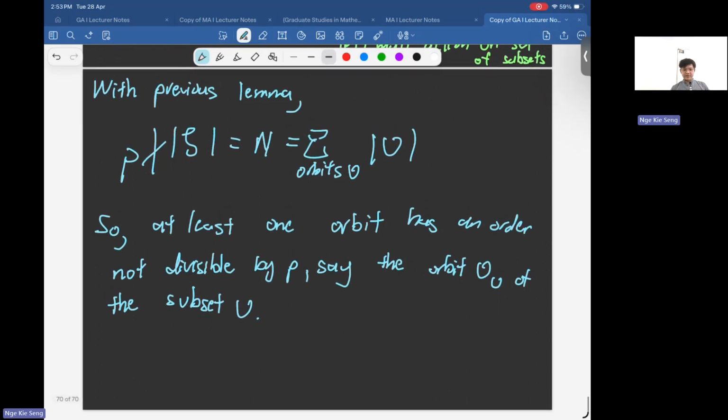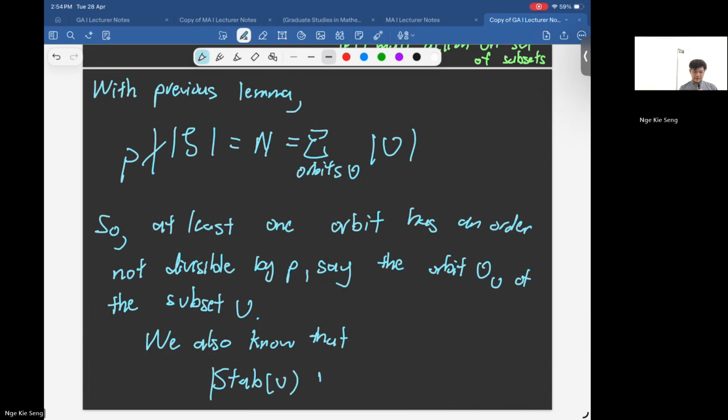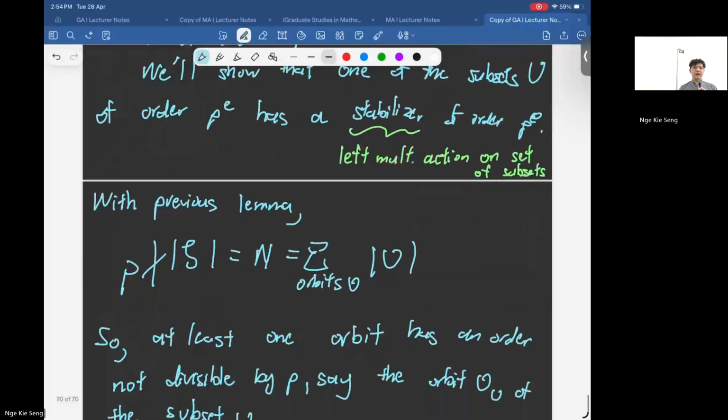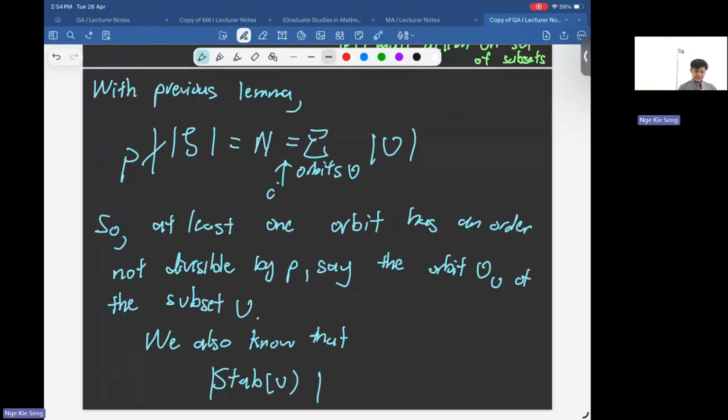But at the same time, you also know that, sorry, say again. So this one is the class equation? Oh no, the class equation is just for conjugation, right?